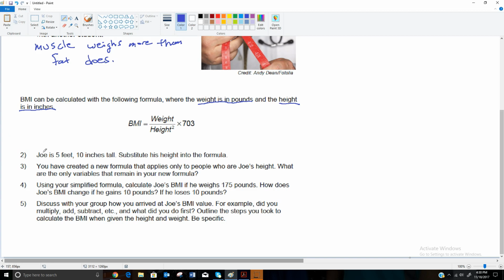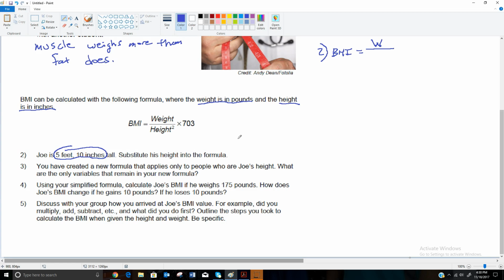So we're going to start off with Joe, who's 5 feet 10 inches tall, and we're supposed to substitute his height into the formula. So we're going to simplify the formula so that it can be used for Joe. So BMI for Joe equals whatever Joe's weight is, and I'm just going to put a W instead of the whole word, divided by his height squared. But his height is 5 feet 10 inches tall. We need to get that into just inches.